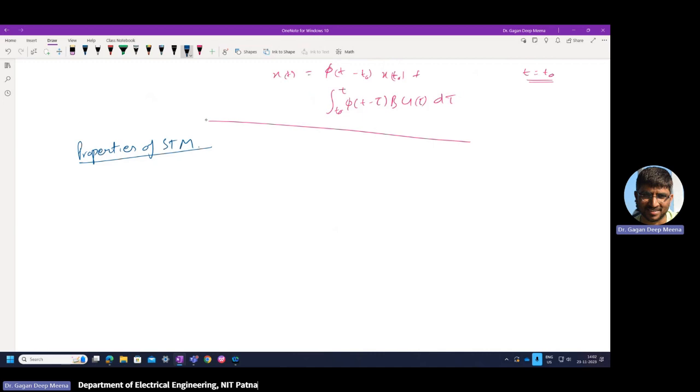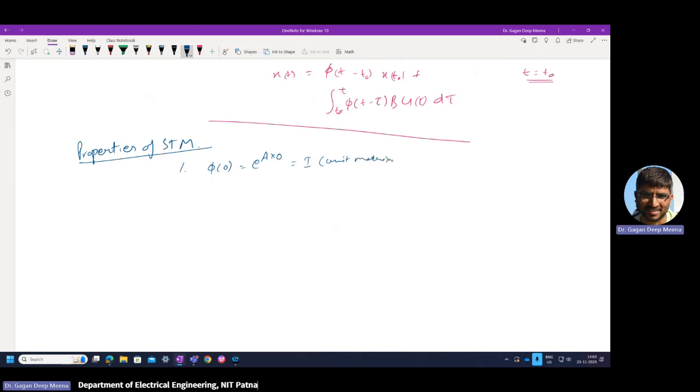But for the basic properties, one of them is that phi of 0 can be written as e to the power A into 0, which is nothing but the identity matrix, the unit matrix.